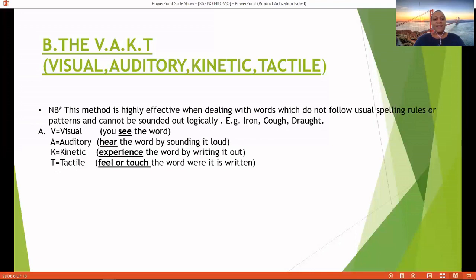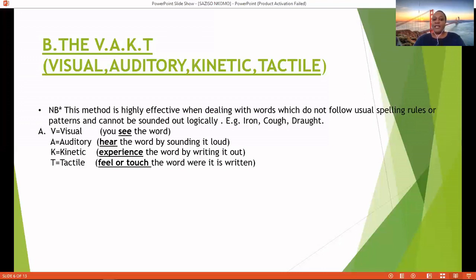Then the final part, which is the tactile, the feel or the touch. Sometimes when necessary, you may have your stencil, you trace out the word, or maybe on some material where you can write it and you can feel it, right?